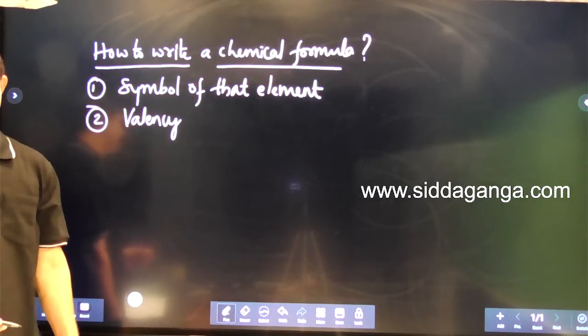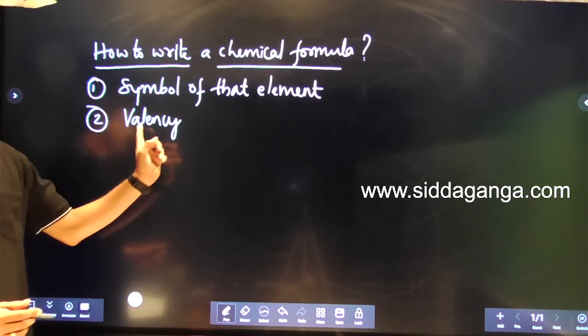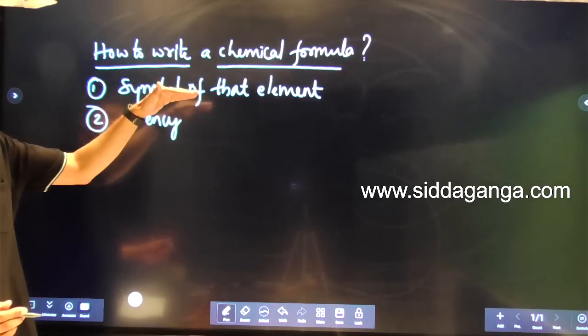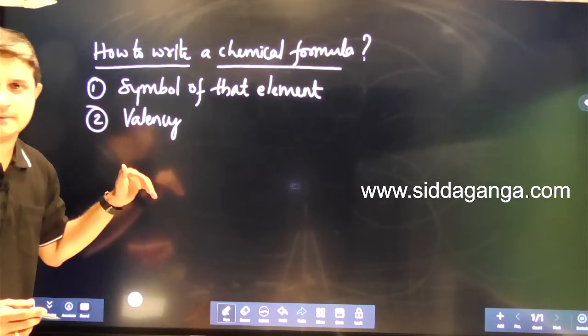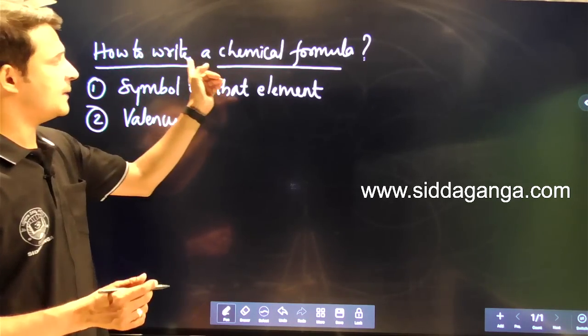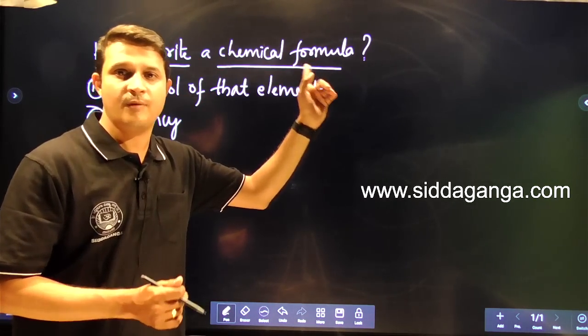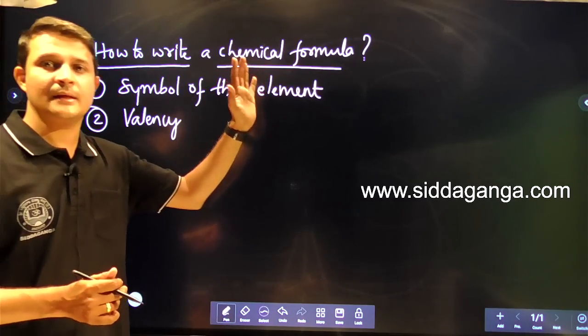Symbol of that element followed by the valency.